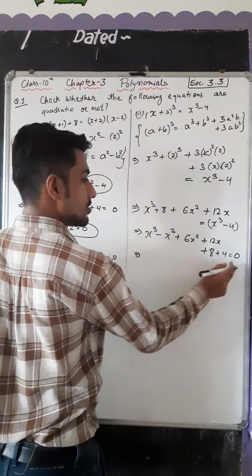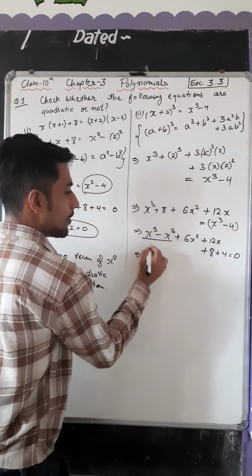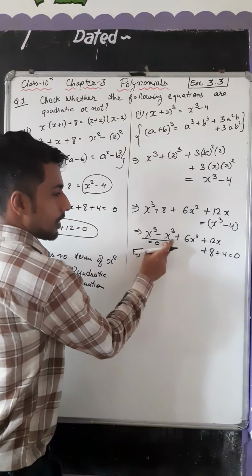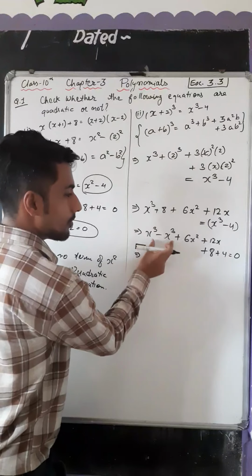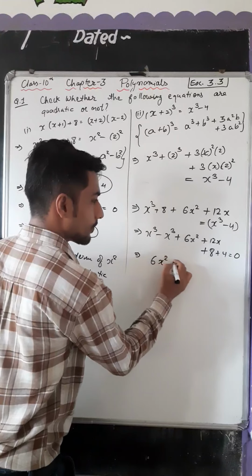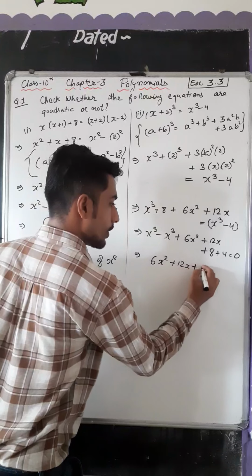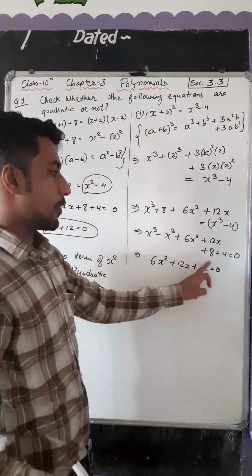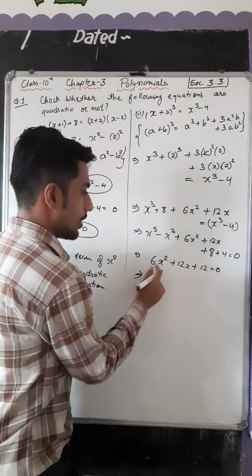There will be 0, this will become equal to 0. The same term is subtracted, it becomes 0. What will be the remaining? 8 plus 4 is 12.